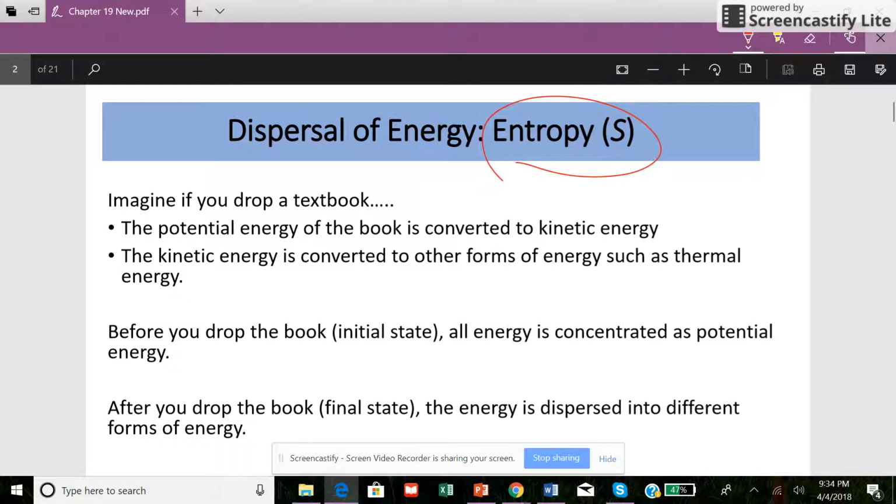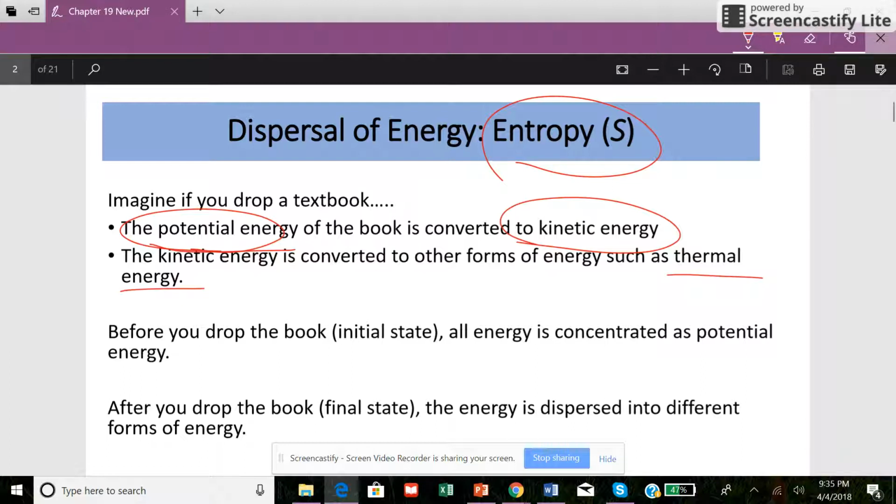The textbook has potential energy. Now, as you drop the book, the potential energy is converted to kinetic energy, and the kinetic energy can also be converted into thermal energy. As the book drops, it has to run through the air, and that causes friction, and then it generates heat.